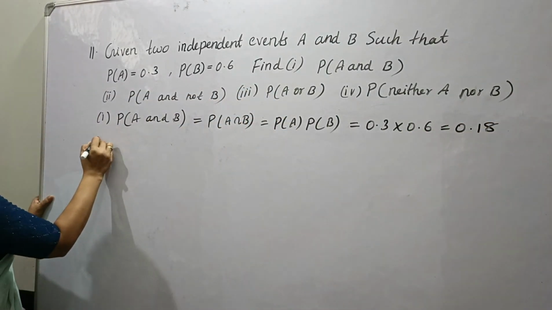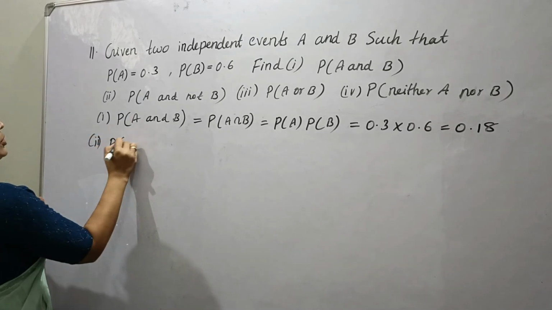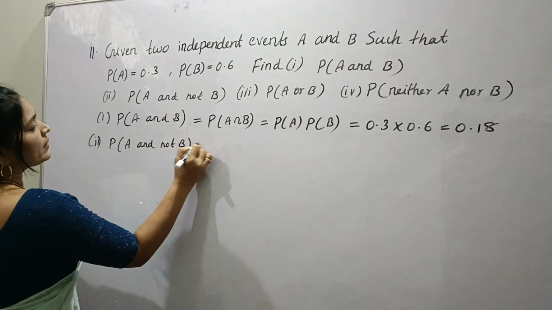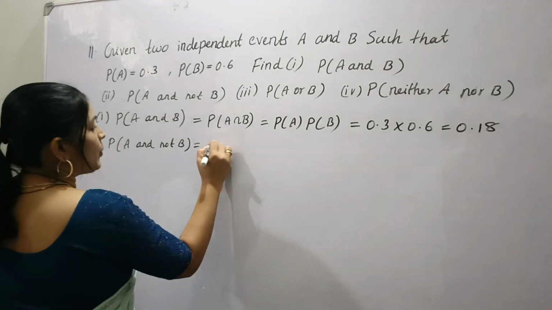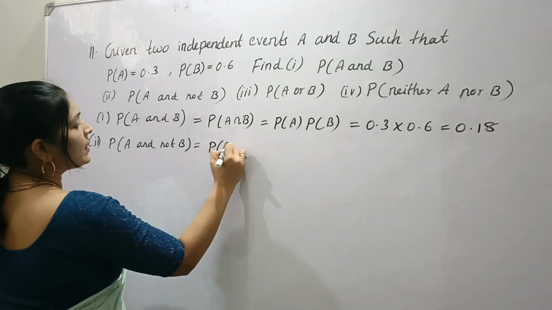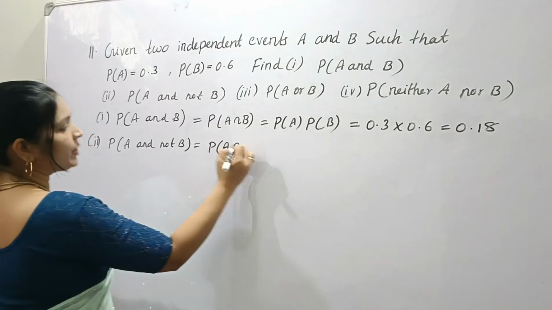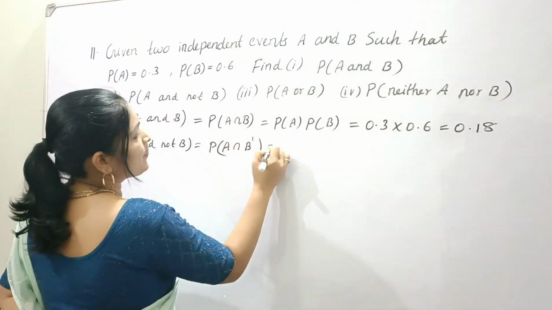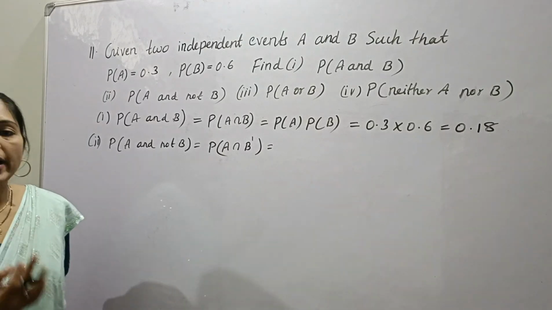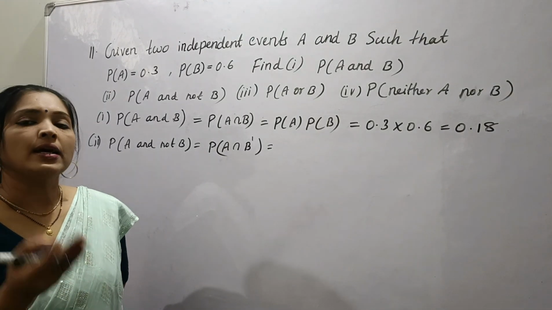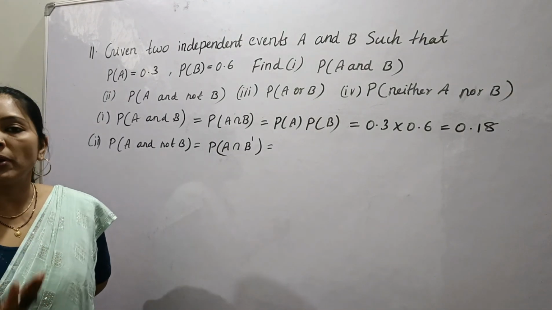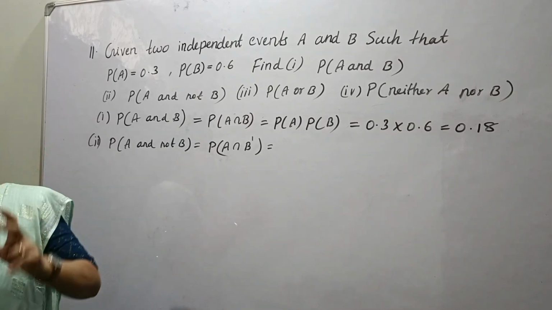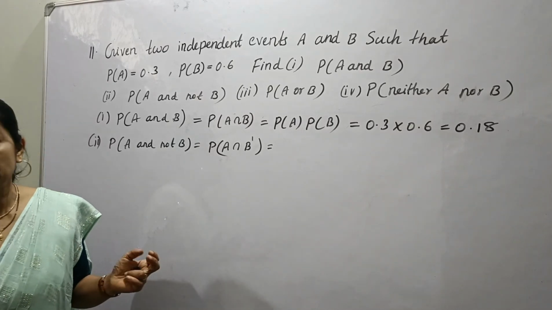Next, second one, probability of A and not B, that is equal to probability of A intersection not B, means B complement, right? And here we know that if A and B are independent events, then their complements A complement and B complement are also independent events. Therefore, A and B complement are also independent events, right?